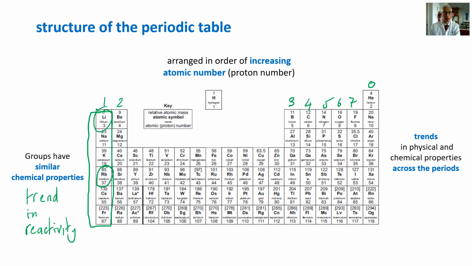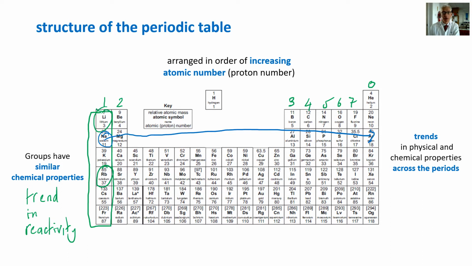So if we take period 3, sodium through to argon, then we will see, as we continue our studies of this, that physical properties change, melting points, boiling points, etc., densities, but that's also reflected in their chemical properties. Start with metals on the left-hand side, running through to non-metals, etc., on the right.